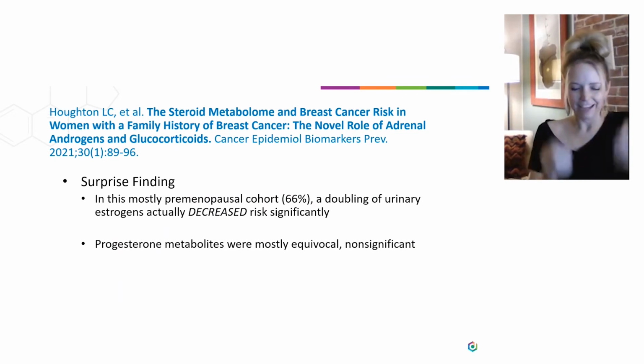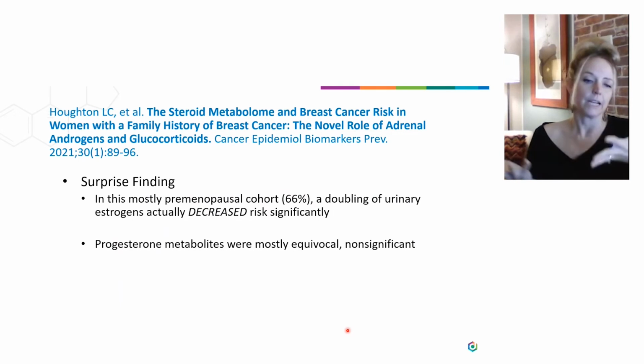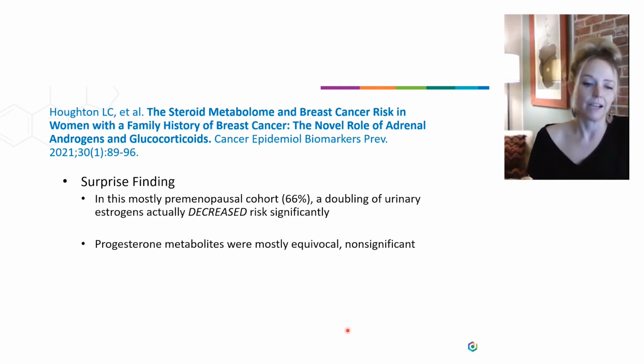Let that sink in. That is surprising, because the opposite is kind of true when we think about estrogen circulating in the serum. If you have elevated serum estrogens for much of the time, then that confers a higher risk. So urinary might be telling a different story.